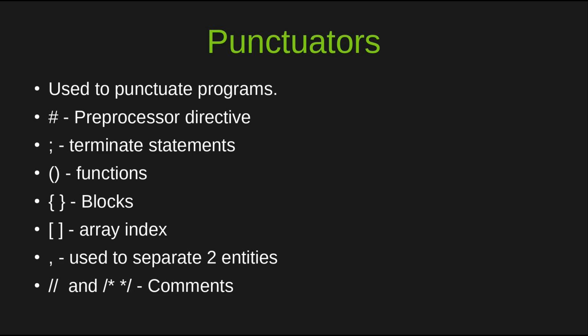Semicolon is used to terminate statements. The small brackets, which are called parentheses, are used in functions. These curly brackets are used to define a block of code, and the square brackets are used to define array indexes. Comma is used to separate two entities, just like in a normal language. And this double slash and this slash star pair are used for defining comments.